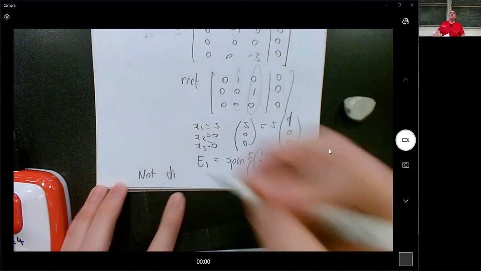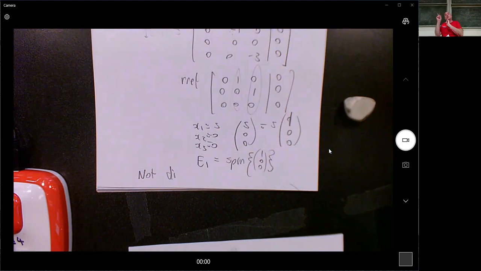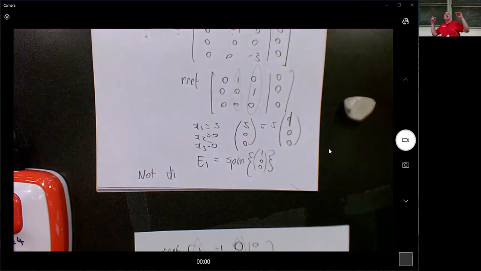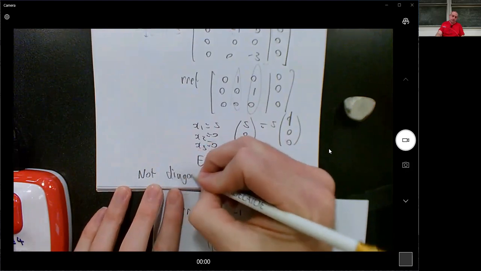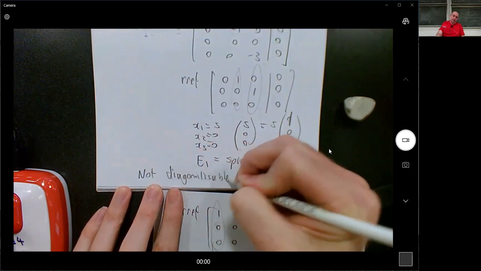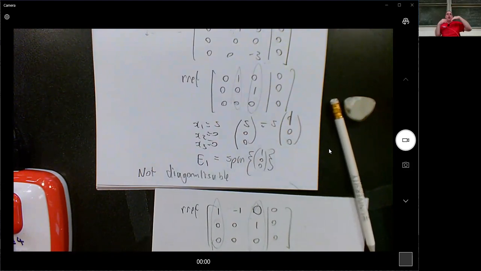The number of vectors in your basis for your eigenspace has to be the same as the multiplicity for every eigenvalue, and then it'll be diagonalizable. So if a matrix has a list of all different eigenvalues and none of them are repeated, it's guaranteed to be diagonalizable, because each eigenspace is automatically going to have one vector to go with it.